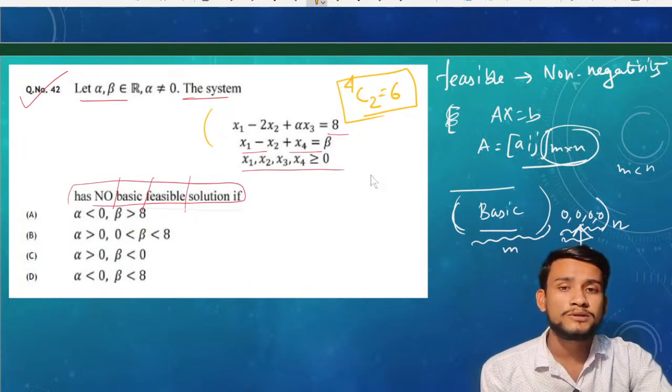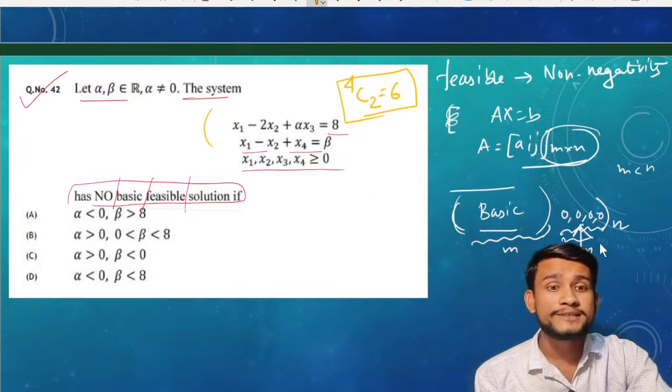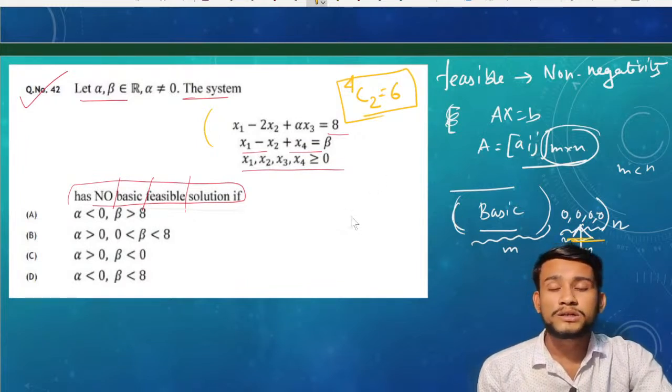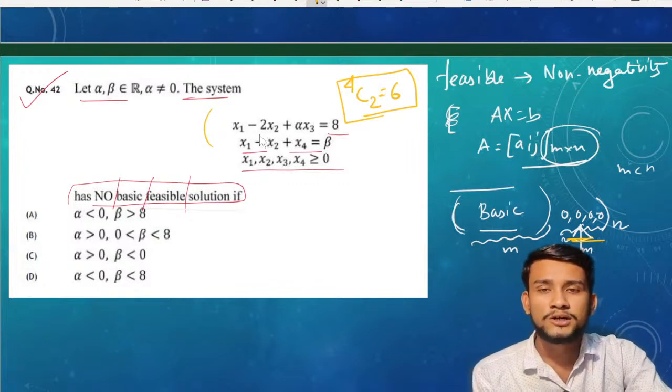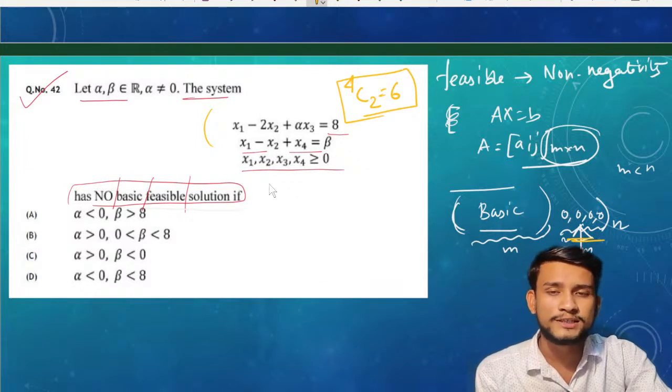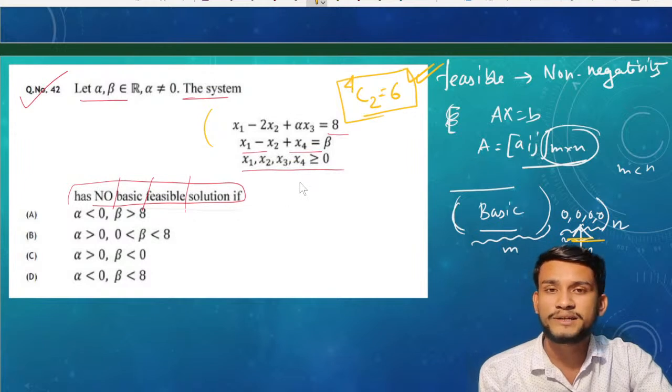We have to solve this system by choosing some variables to be 0; we can't solve the system otherwise. Because there are 2 equations and 4 unknowns, we have to put any 2 variables equal to 0, and the combinations are 6.